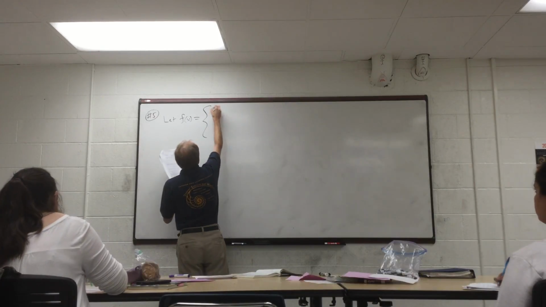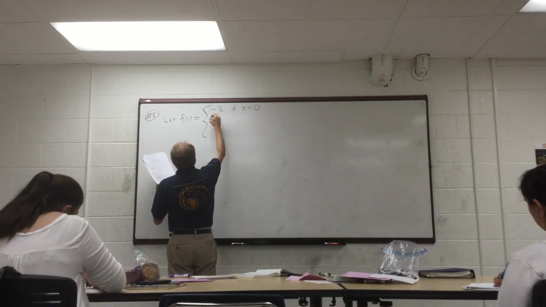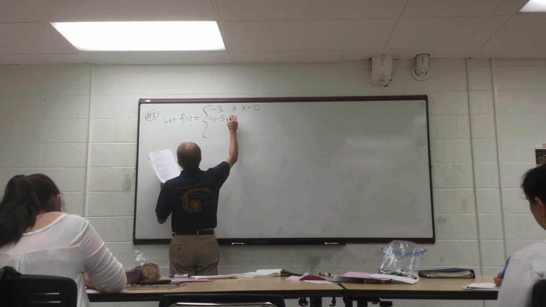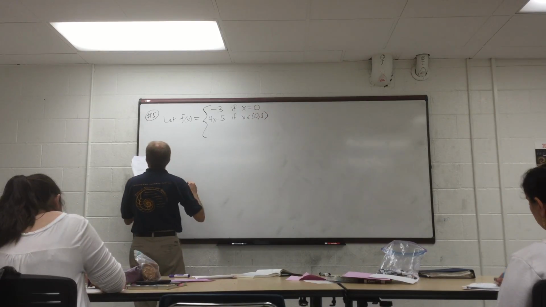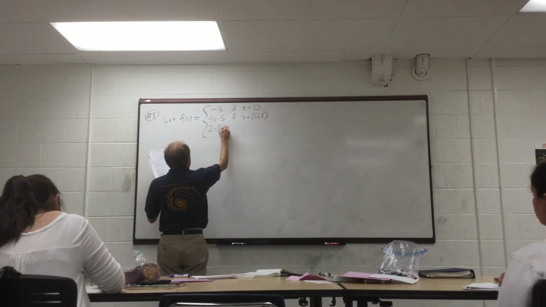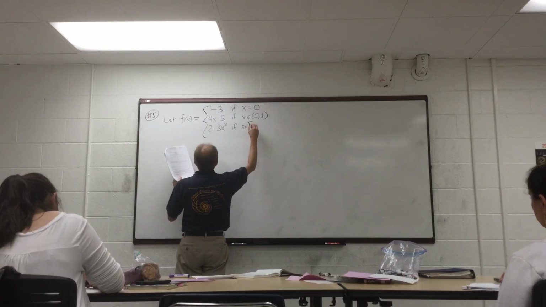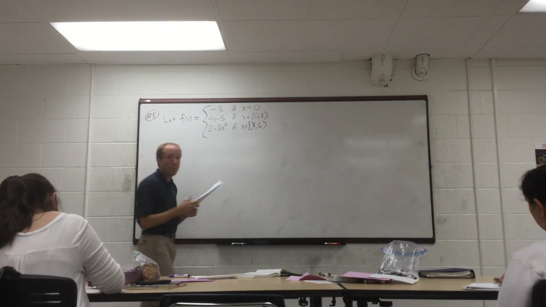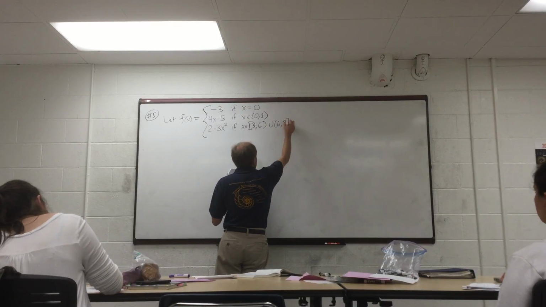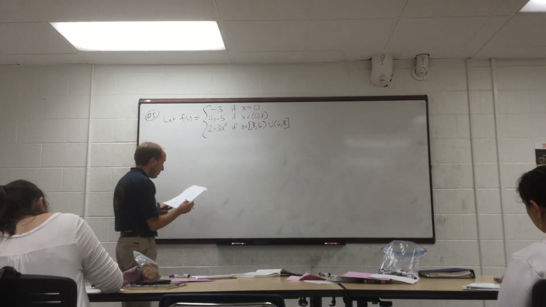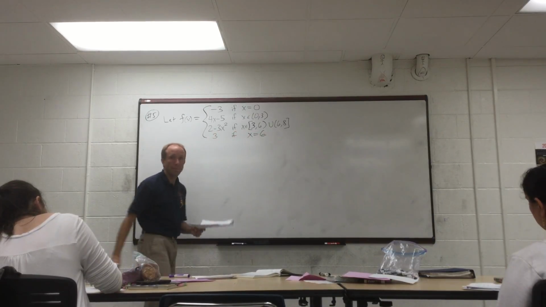It's going to be negative 3 if x equals 0, 4x minus 5 if x is in the open interval 0, 3, 2 minus 3x squared if x is in the half closed, half open interval from 3 to 6, union the half open, half closed interval 6 to 8, and 3 if x equals 6.